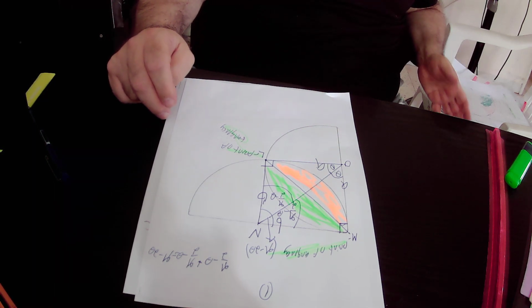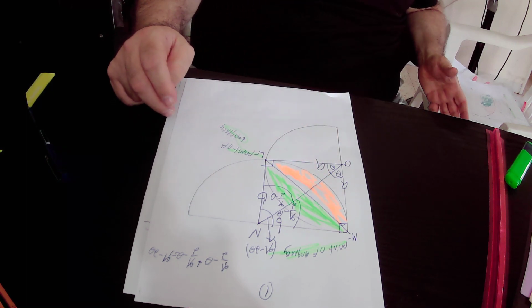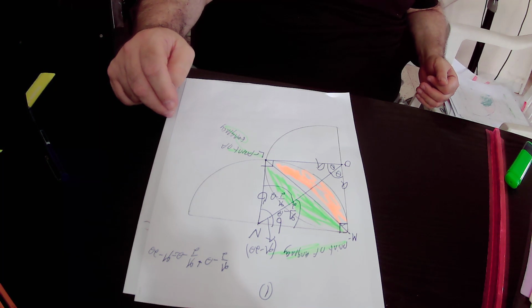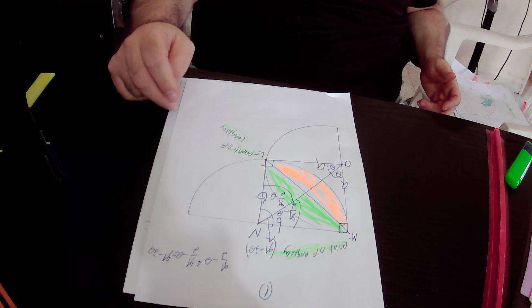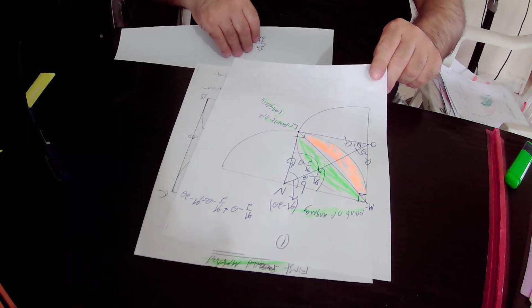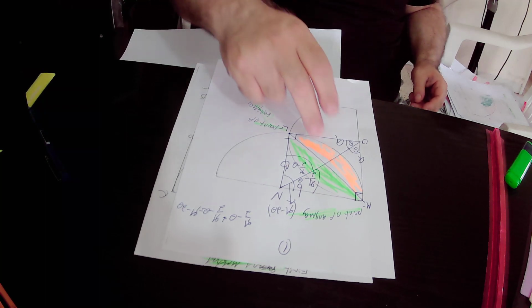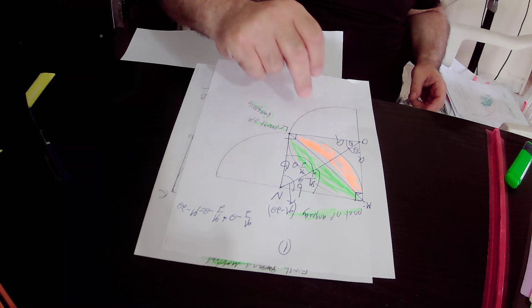So a lens is the common area that was created by the intersection of two circles or semicircles or quarter circles. Okay. So here we want to find out the area of this lens.